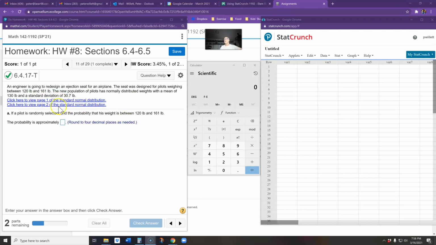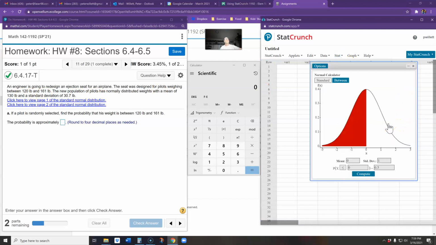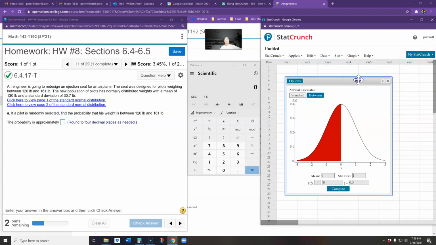Now, they do give us access to the tables of values, but I've already pulled up StatCrunch here for us to use. So again, when we are looking at the probability of a randomly chosen value from the population falling in a certain range, and we know the standard deviation and the mean value from the population, we go to Stat Calculators and we pull up the normal calculator and we get this nice graph.